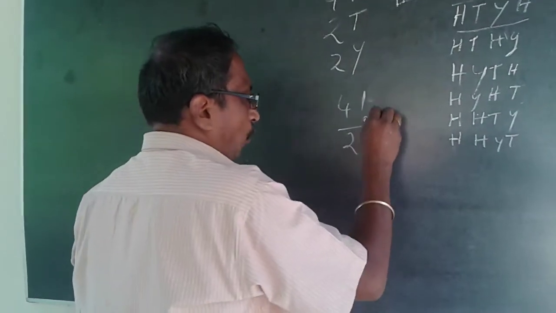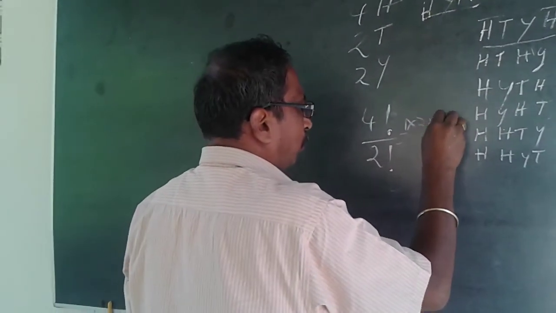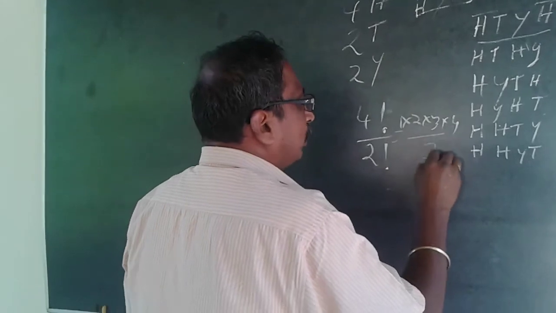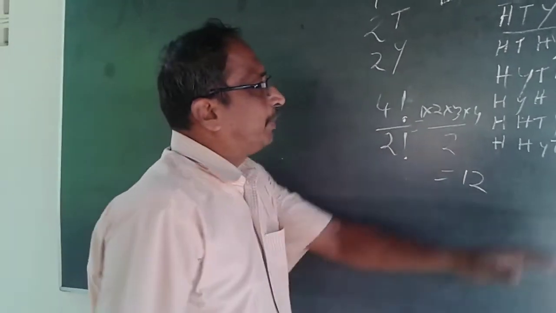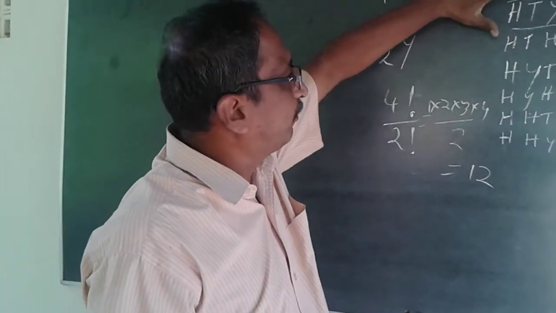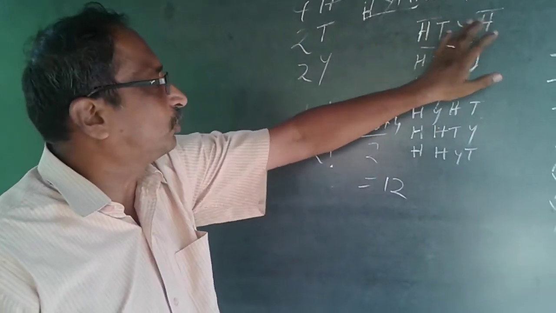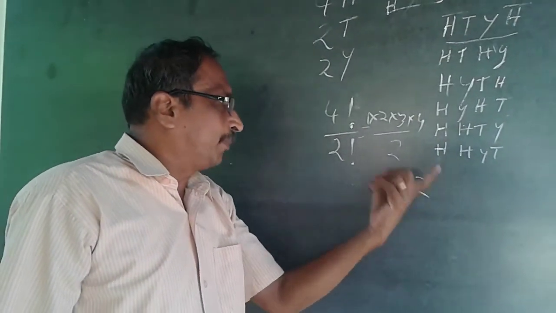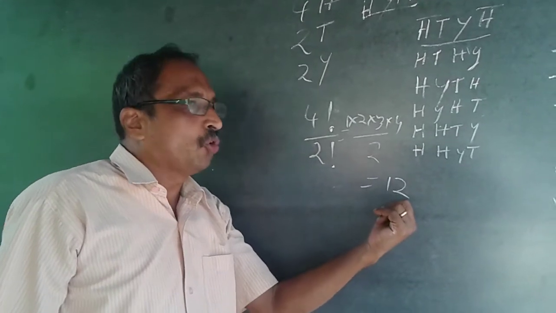So it will be 4 factorial divided by 2 factorial, 24 divided by 2, which is 12.